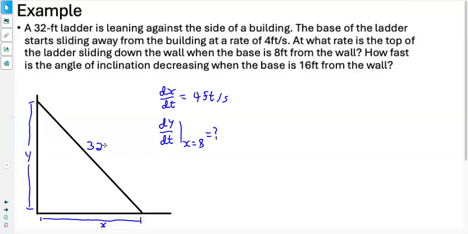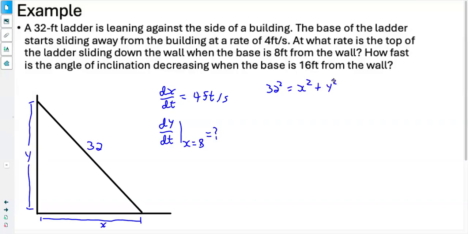Now what we will do is utilize Pythagoras to link these three sides together. So we have 32 squared equals x squared plus y squared.